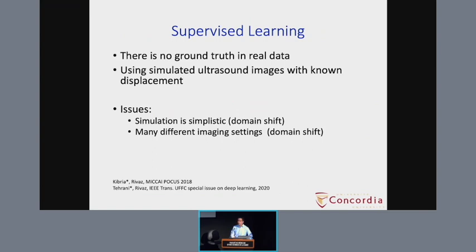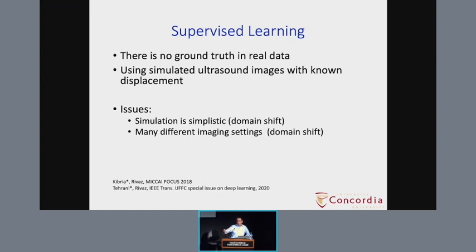But the issue is that there's a large domain shift when you're using simulation data to train, because simulation is not real ultrasound. It's much more simplistic. And also, even if you design very careful experiments where you can track these displacements, one of the cool properties of ultrasound is that it's very flexible.